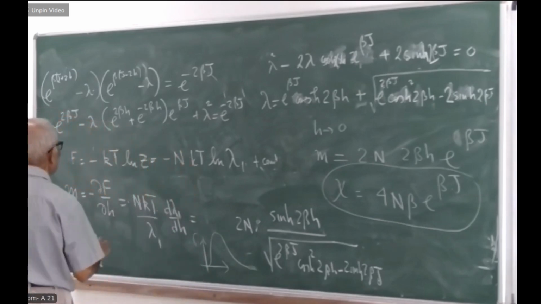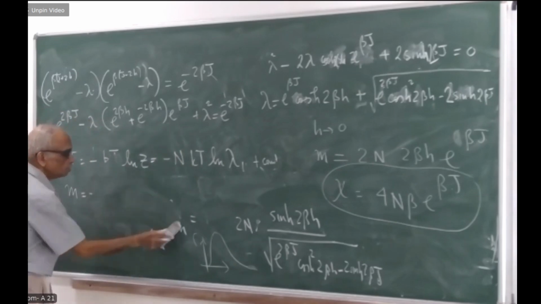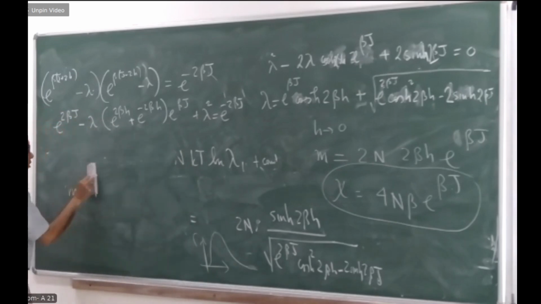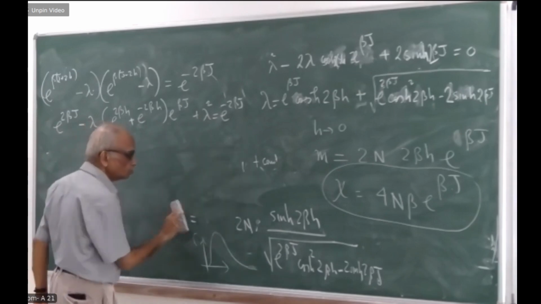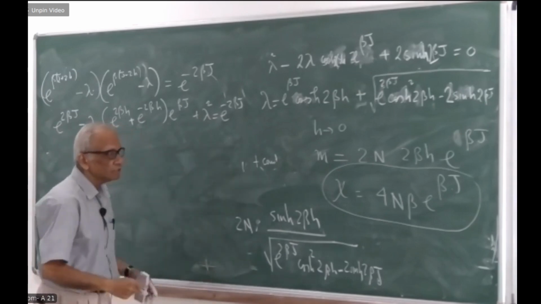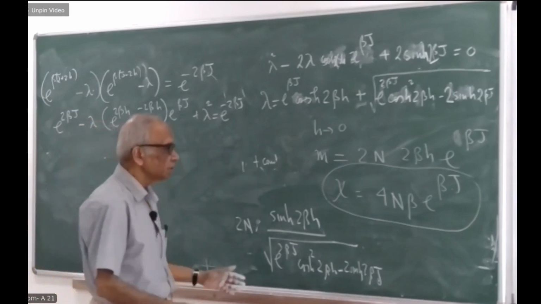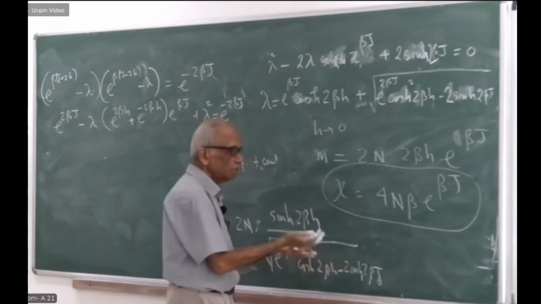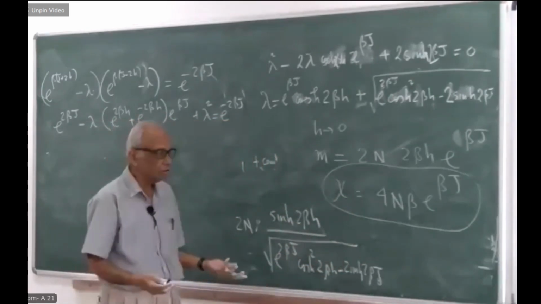What's the next thing we need to know? We need to know the correlation length. So obviously, as T tends to 0, the system is ordering trivially, but ordering all right.